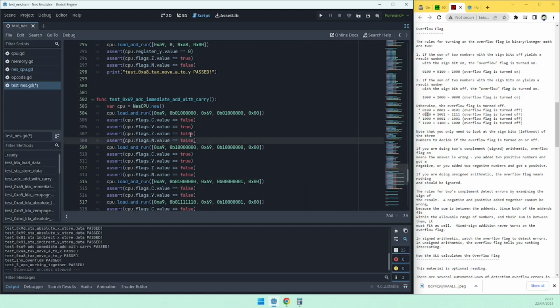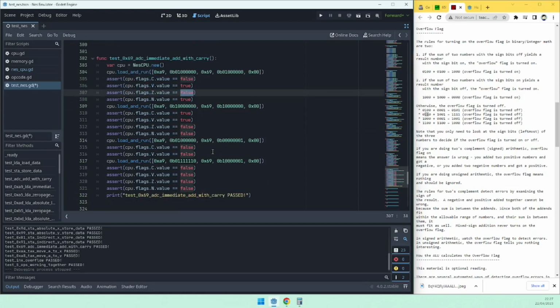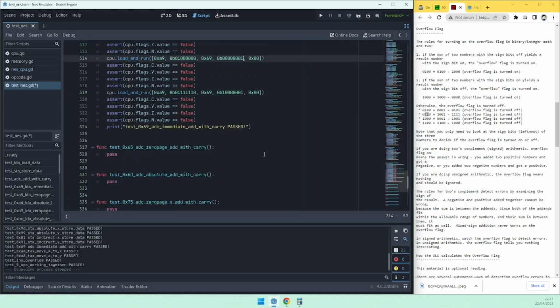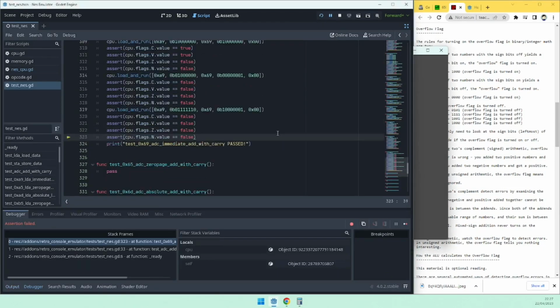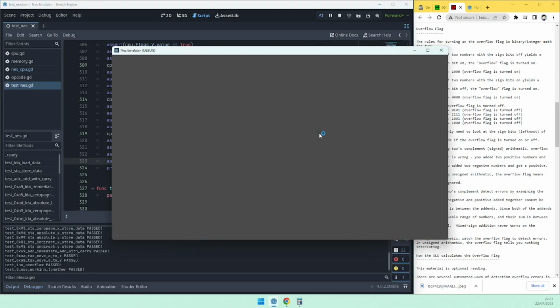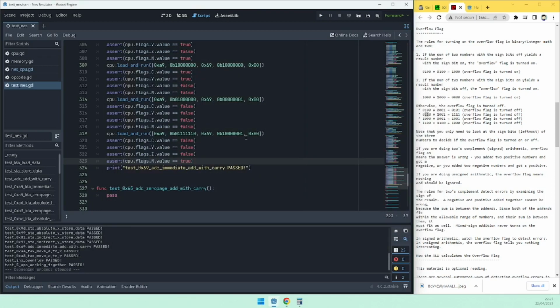This is negative and not zero. And this one, looking at it, is non-negative and non-zero. Let's see if this passes here. Nope. Oh, this one is negative. Indeed. Yep, it passes. Okay, awesome.